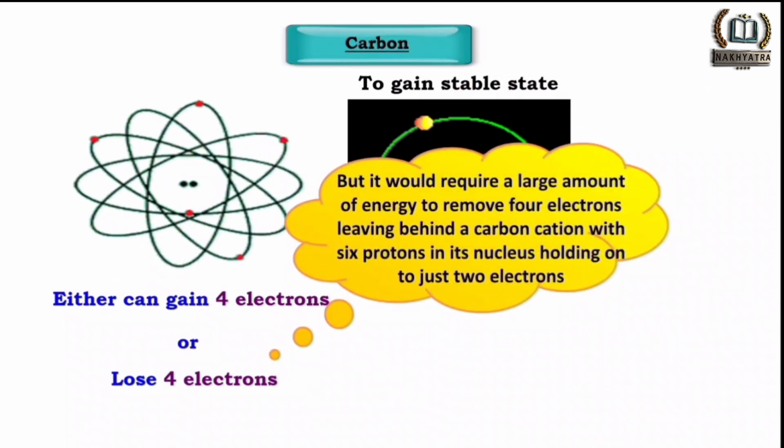It would require a large amount of energy to remove 4 electrons, leaving behind a carbon cation with 6 protons in its nucleus holding on to just 2 electrons. So this is also not possible. Alright.